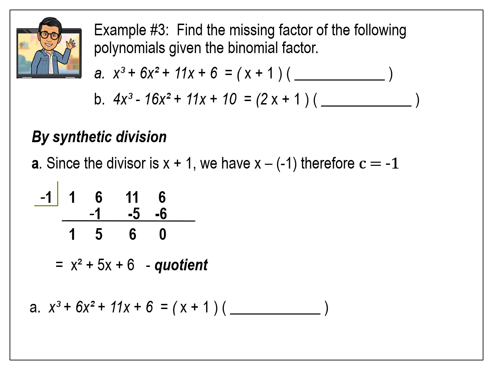So x cubed plus 6x squared plus 11x plus 6 is equal to x plus 1 times the quotient, since the value of the function is equal to the divisor times the quotient. Therefore, our missing factor is x squared plus 5x plus 6.